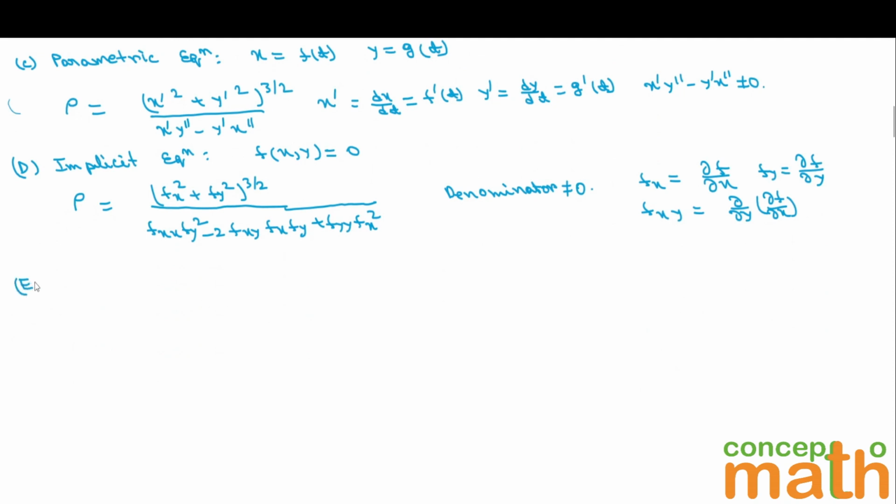Now suppose the equation is given in polar form. Polar equation means r is a function of theta. In this case, what will be the expression for radius of curvature?